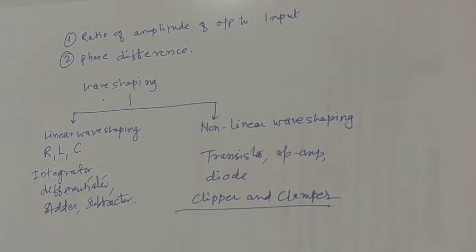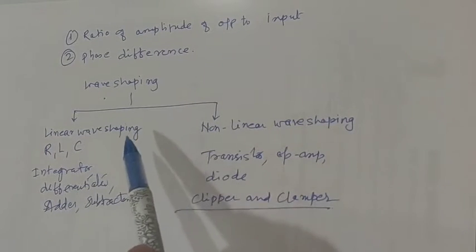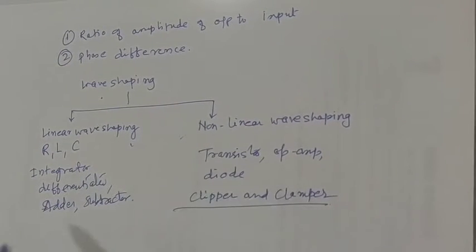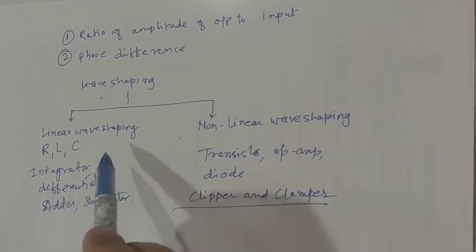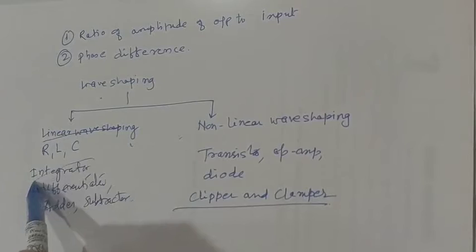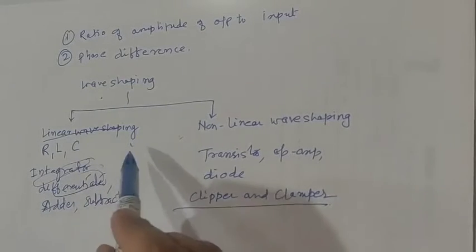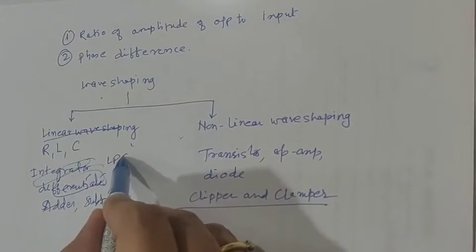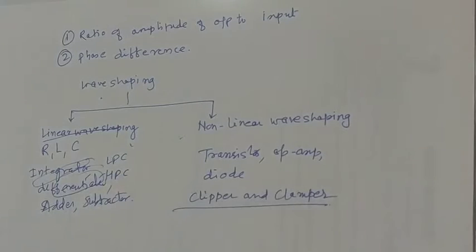So in this series of videos that we will be making, we will be trying to cover these two wave shaping techniques, linear wave shaping as well as non-linear wave shaping. Now let us start with linear wave shaping first. In linear wave shaping, I will be covering two parts, integrator and differentiator, which are called low pass circuit and high pass circuit, remember this.